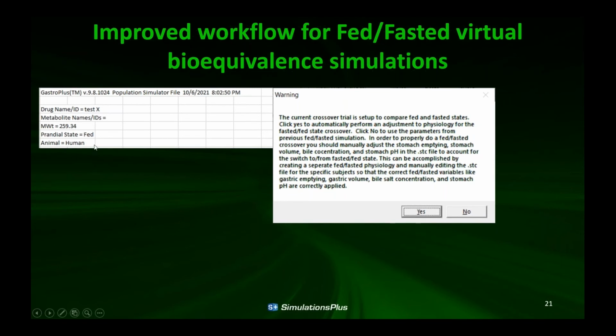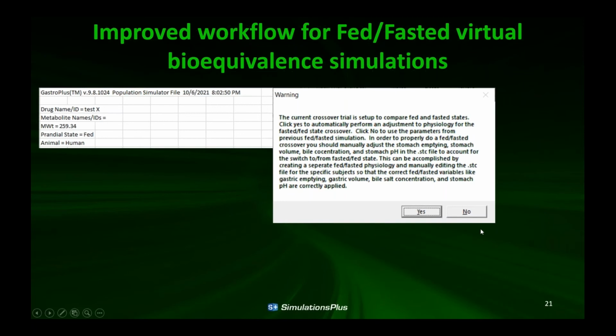So that means if you load this fed result file for a fasted simulation, the program will pop up a warning for you. The current crossover trial is set up to compare fed and fasted state. If you click on yes, the program will automatically adjust the physiology parameters related to the bile salt concentration, the stomach pH, all these physiologic parameters that are related with fed and fasted conditions.